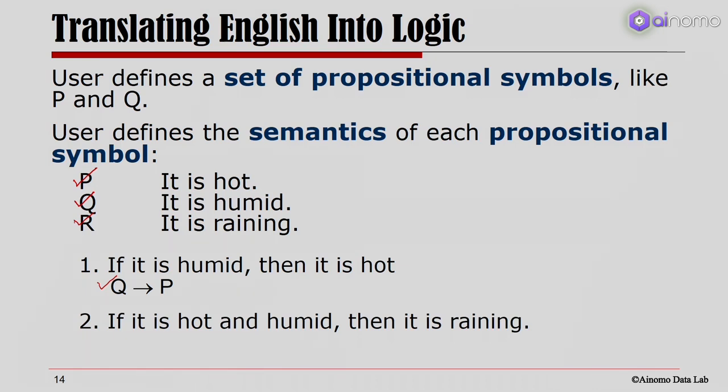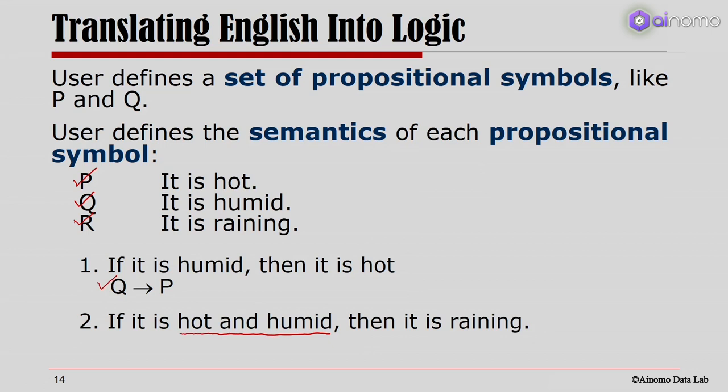Here is a statement which says if it is hot and humid then it is raining. So, here before I think of putting the implication, I need to realize that I have a conjunction of two propositions, one being hot, the other being humid.